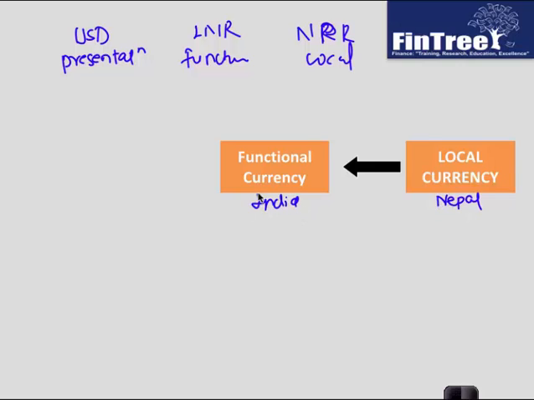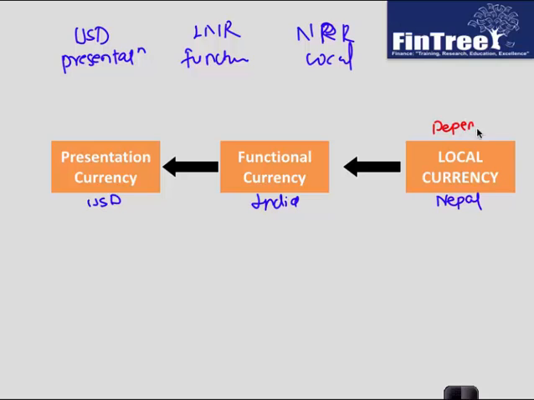So what method of accounting should we use here? And when these Indian financial statements are converted to USD financial statements, then what method of accounting do we use here? So one easier way to think of this is that when you're shifting the Nepalese to Indian financial statements, this Nepalese subsidiary is kind of dependent on India.